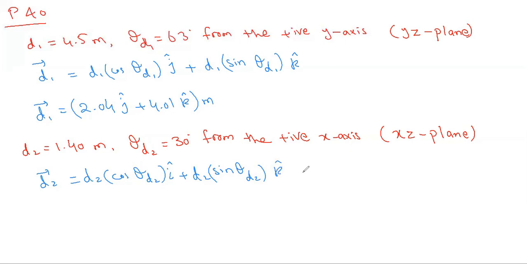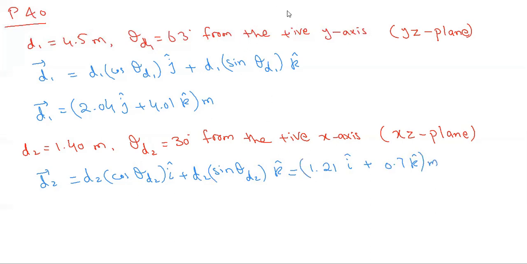By plugging in the values, d2 will turn out to be 1.21 i hat plus 0.7 k hat meters.